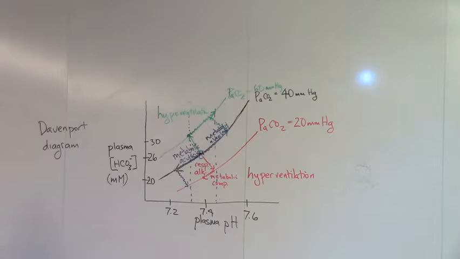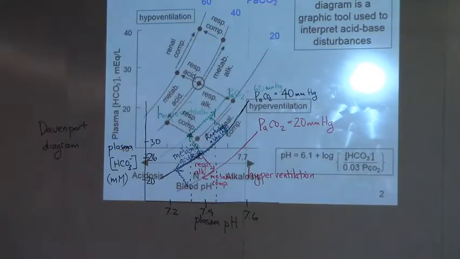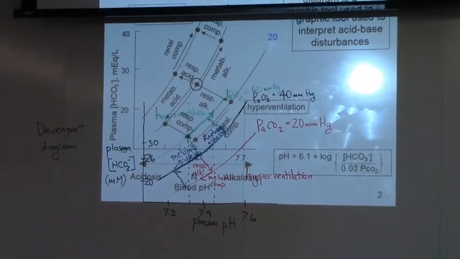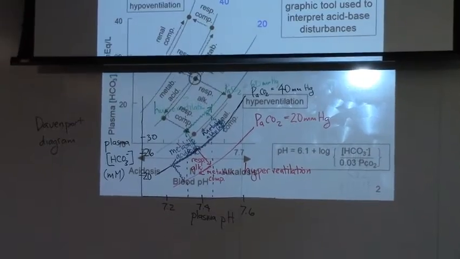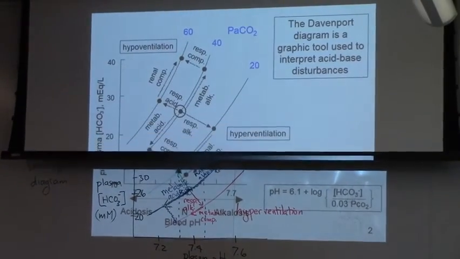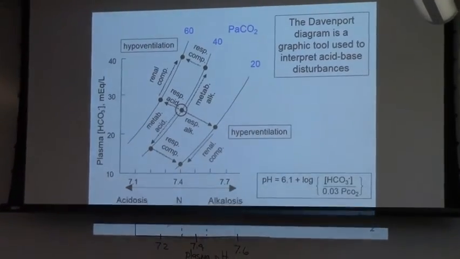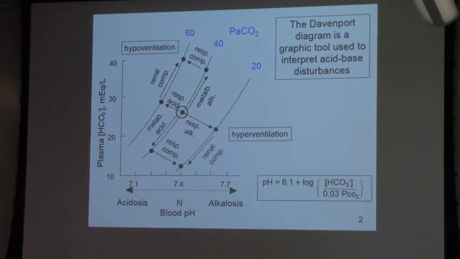Okay, so now, I don't know if the best way might be to draw two or three Davenport diagrams in order to keep the arrows straight. But people don't do that. People just draw one Davenport diagram and label it. So here's the Davenport diagram.